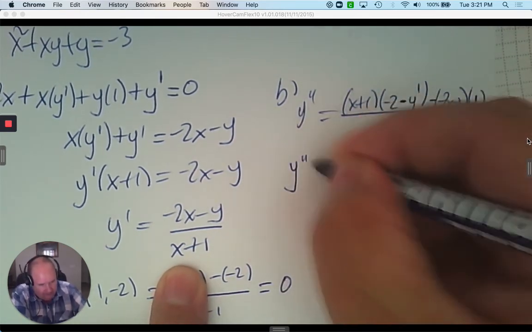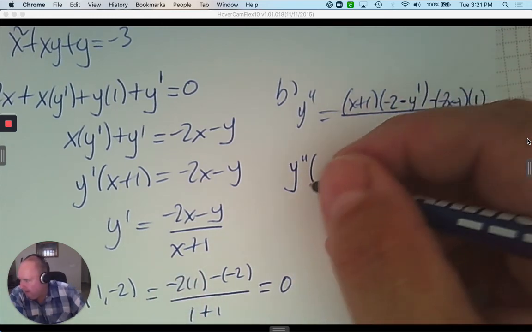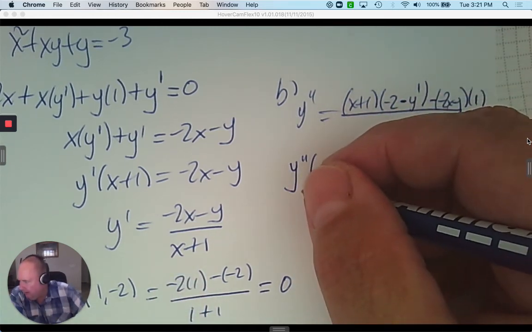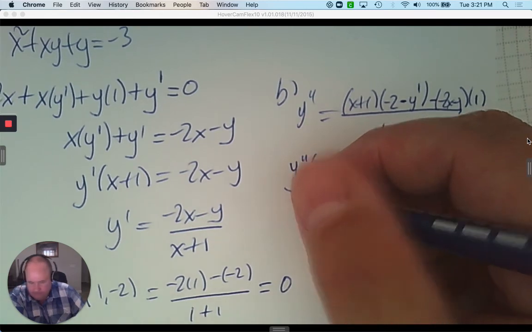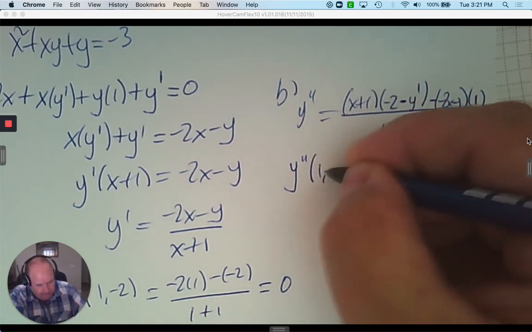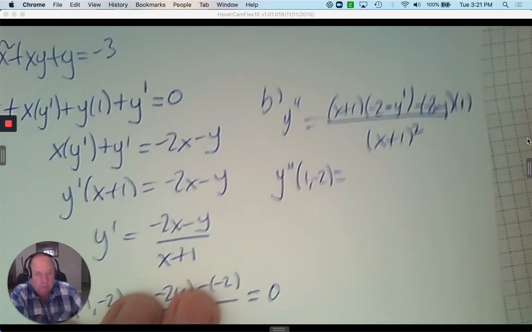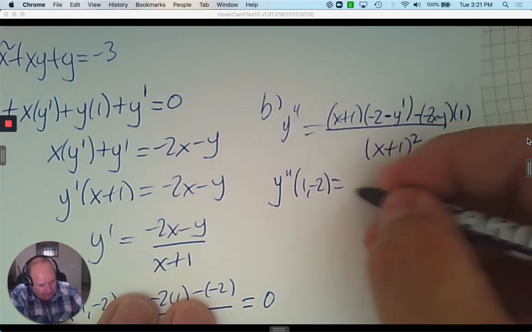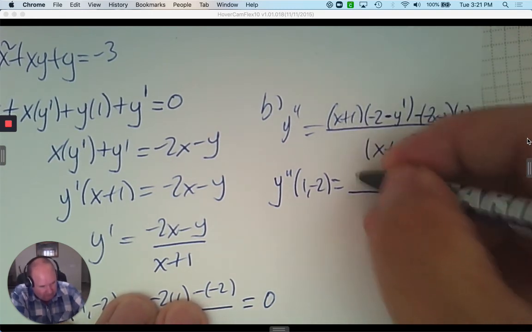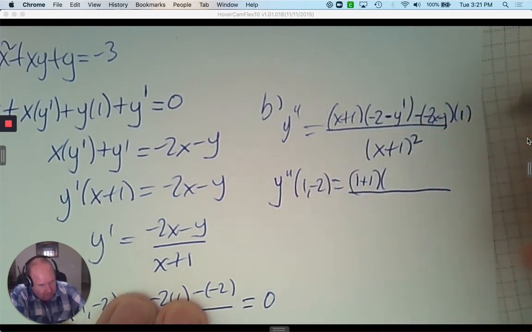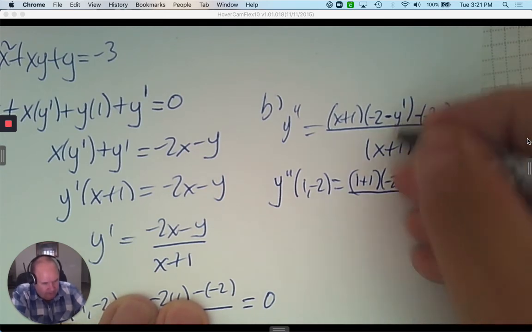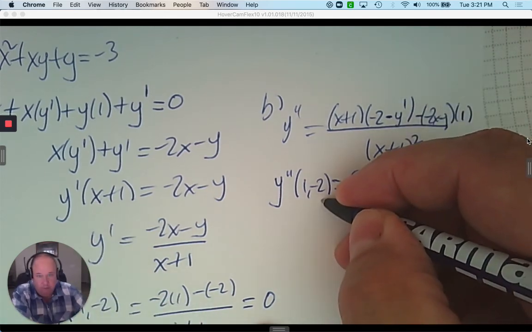So again, I want to find the second derivative at 1 and negative 2. So I'm going to plug some numbers in. So for x is 1. Y prime at that point, we just said the answer was 0.